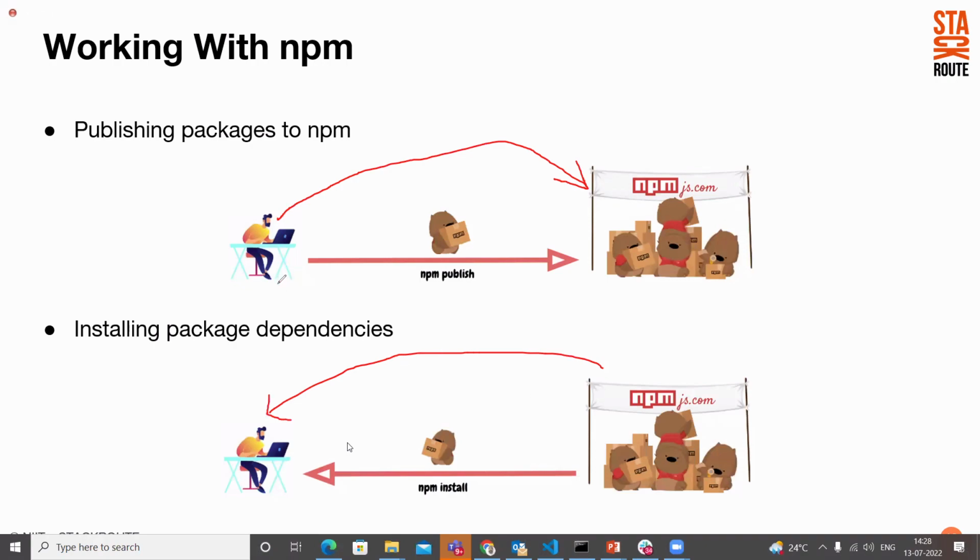So as a developer, I can publish my custom packages to the online repository, and from there I can install them locally and use them. Both ways are possible. There are ready-made packages you can use, or you can create your own, publish it, and use it later. Okay, we'll go for the next thing now.